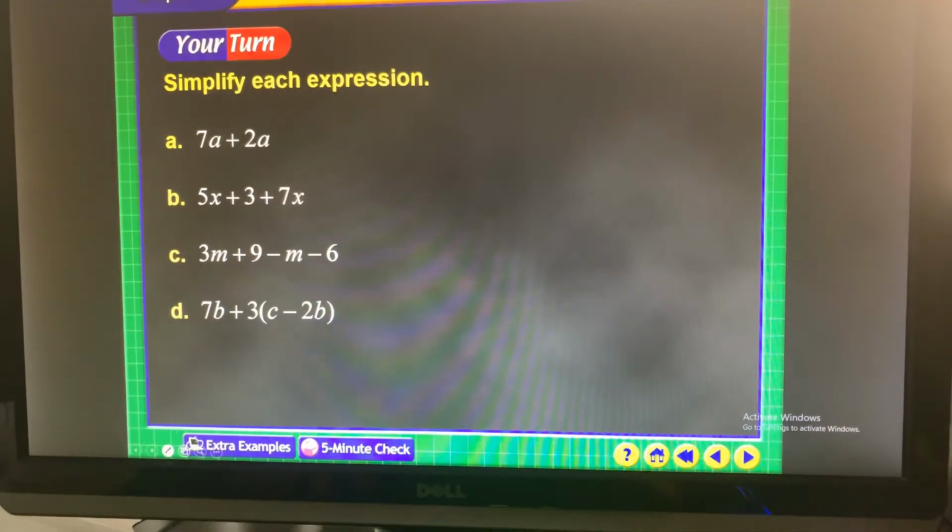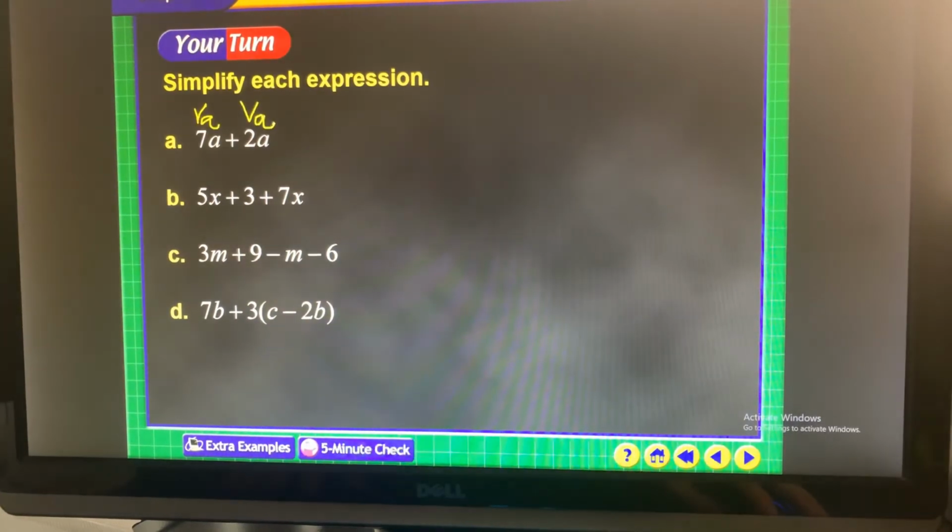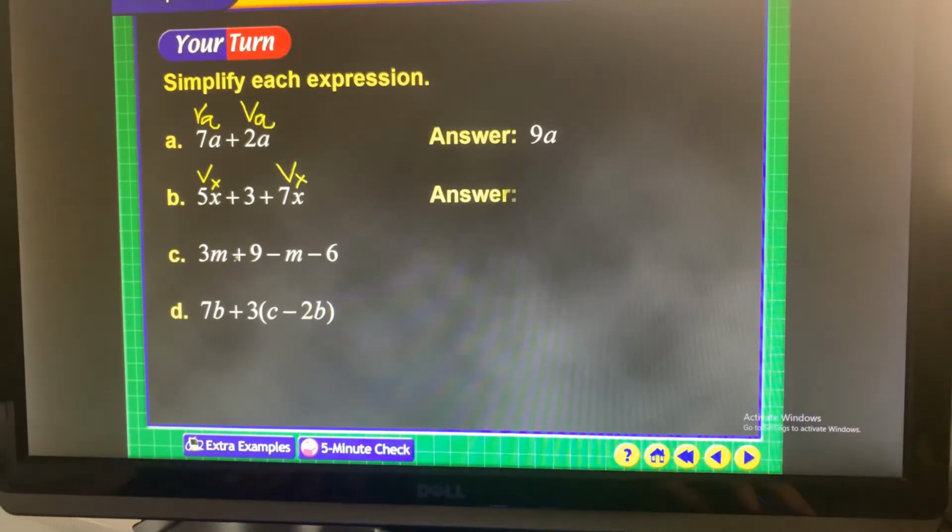So then try each one of these. You can pause the tape right here. I'm going to show you the answers. Variable A, just put them together. Variable X goes with variable X, put those together. Make sure you do plus negative, don't forget the 1 right here because you need it.